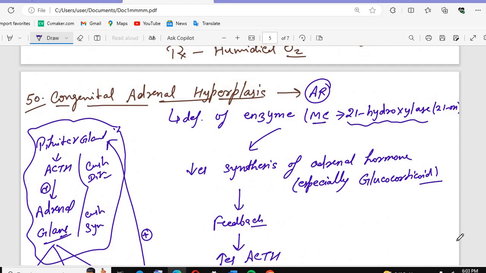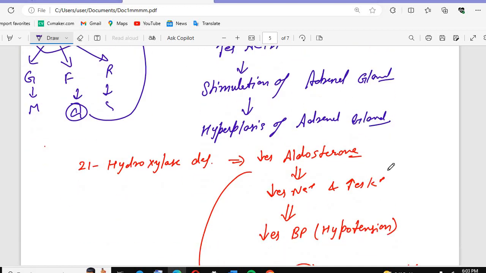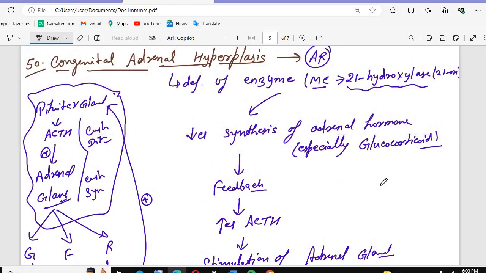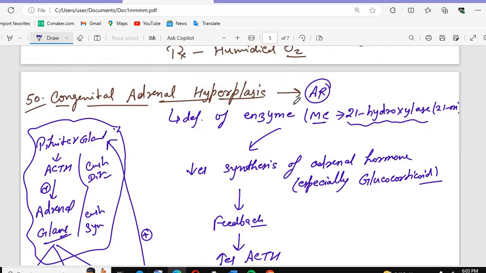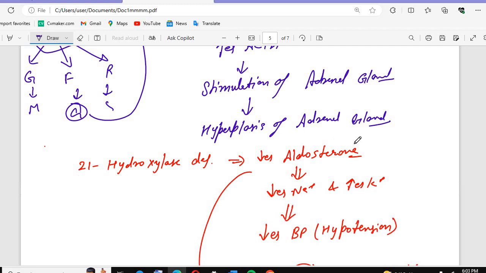See, in congenital adrenal hyperplasia there is a deficiency of an enzyme, most commonly 21-hydroxylase, so there is decreased synthesis of adrenal hormones, especially glucocorticoids. Through feedback, there is an increase in ACTH, which stimulates the adrenal gland, causing hyperplasia of the adrenal gland.